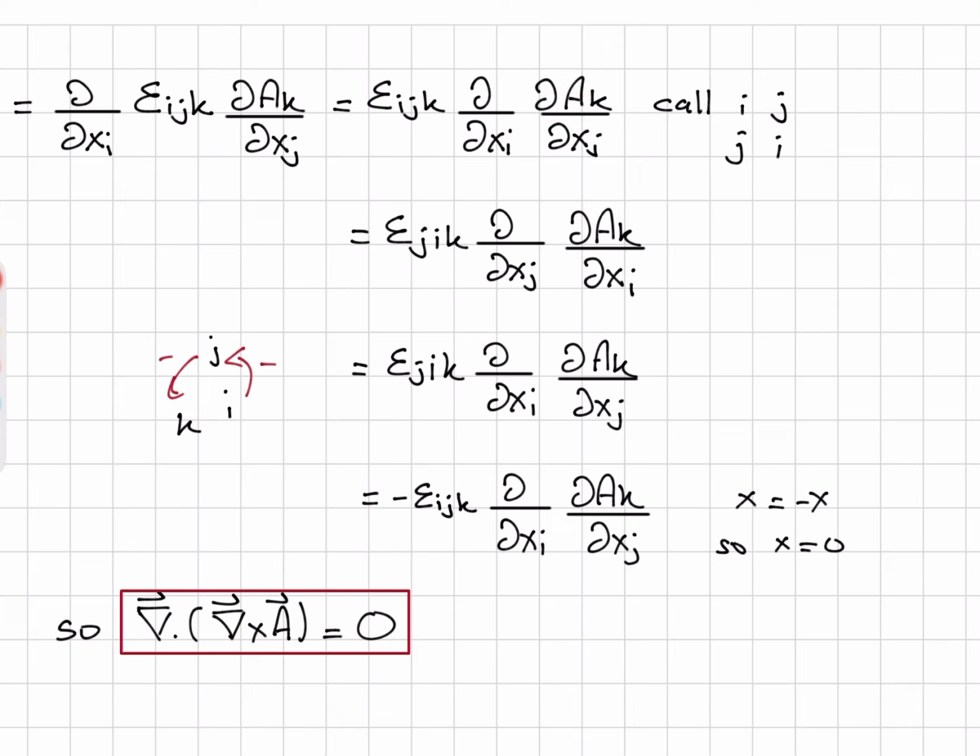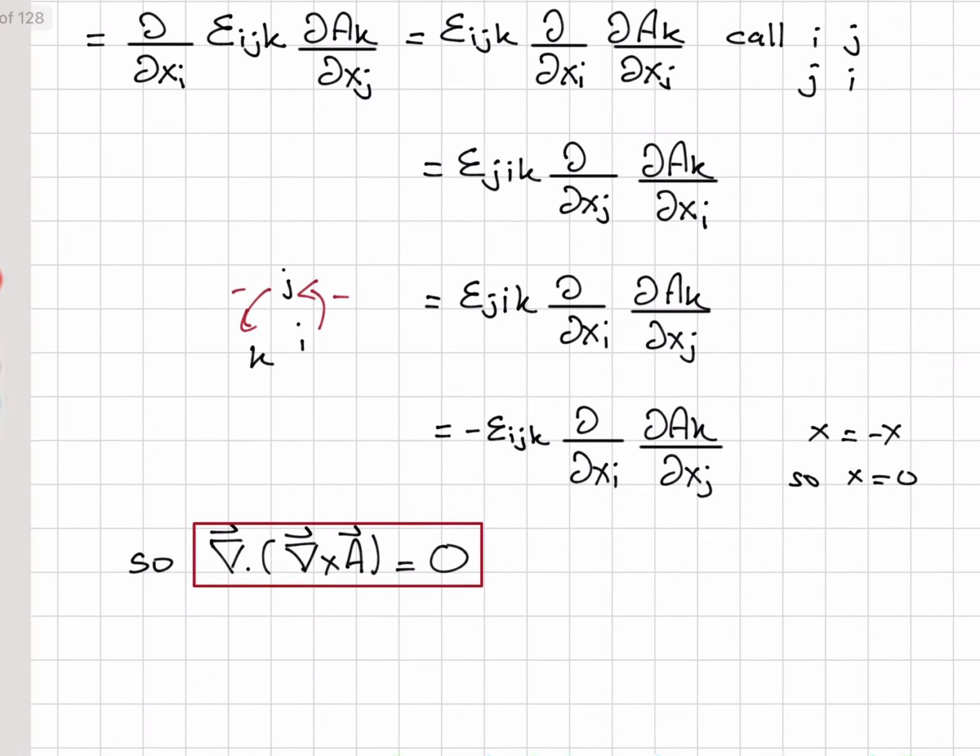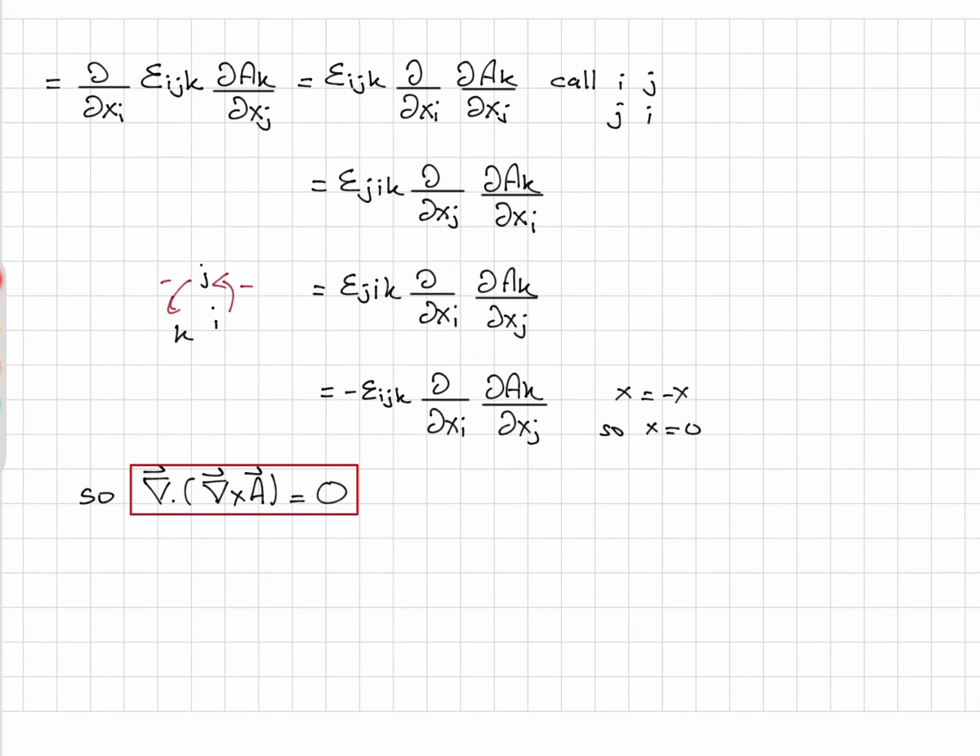Del xi del ak del xj. I have renamed i as j and j as i. So this is epsilon jik del xj del ak del xi. The order of the derivative doesn't matter, so I changed the order. And epsilon jik is minus epsilon ijk, just like the previous case. So that means x is equal to minus x. So therefore, this quantity must be equal to 0. Divergence of the curl is 0.